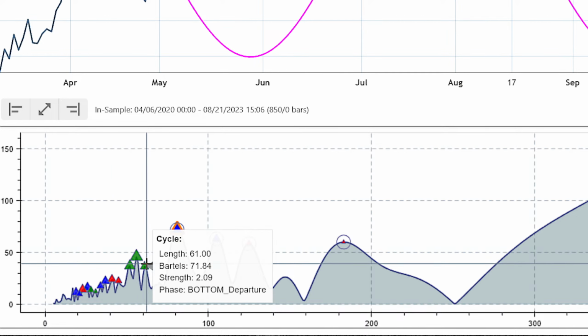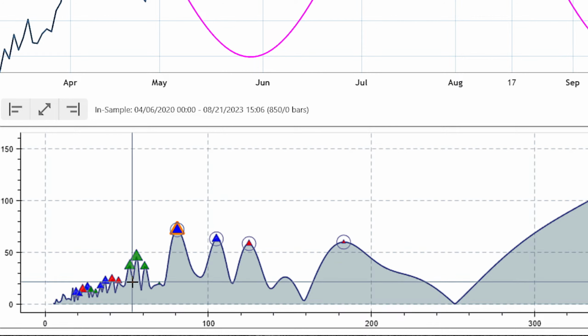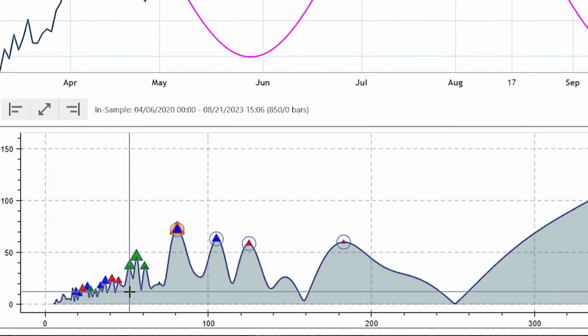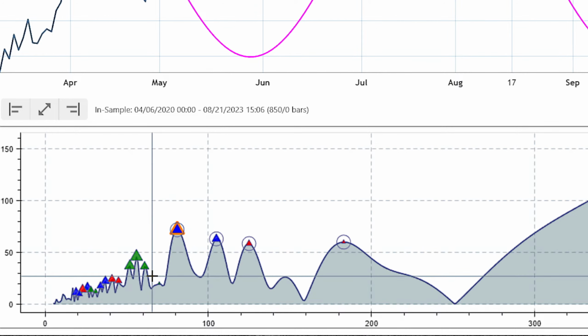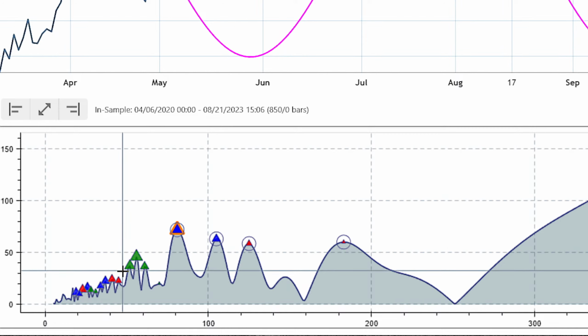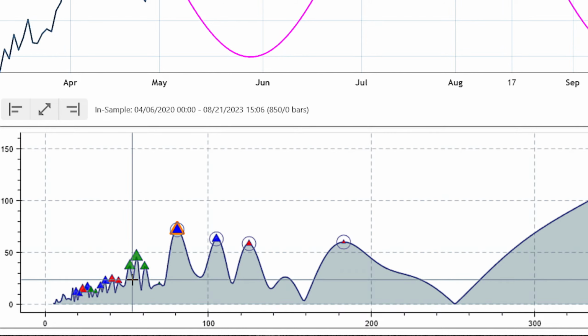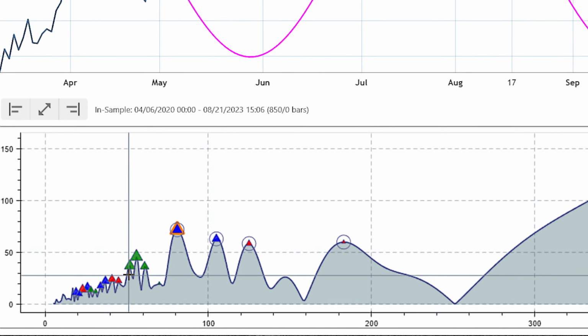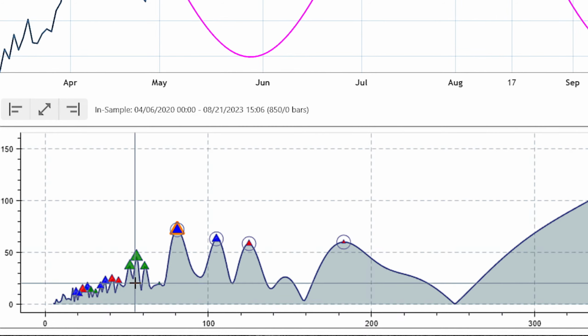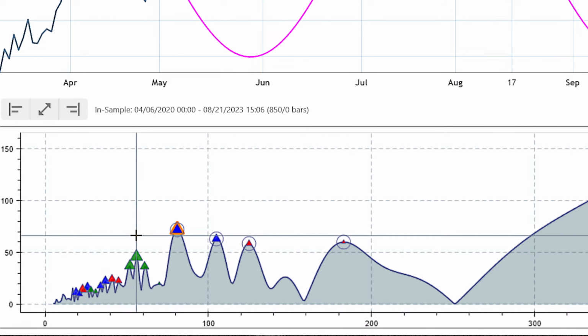50, 56, even 60. But as I said, just looking from the shape here, it's quite hard to choose which one to pick, as they are very closely related. And from the visual shape, maybe it's not good to pick them, because you see they are not as sharp in the spectrum, even though they have big green triangles.